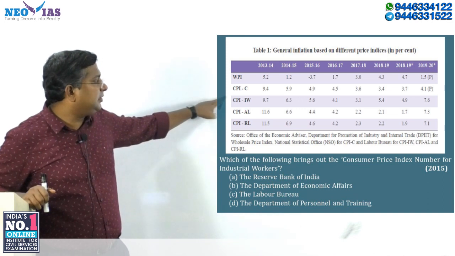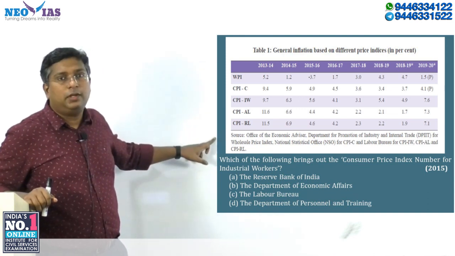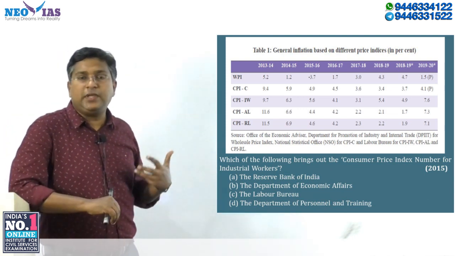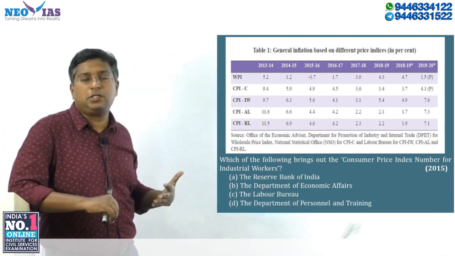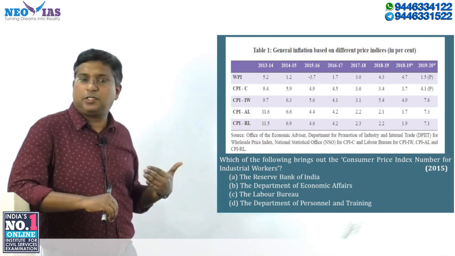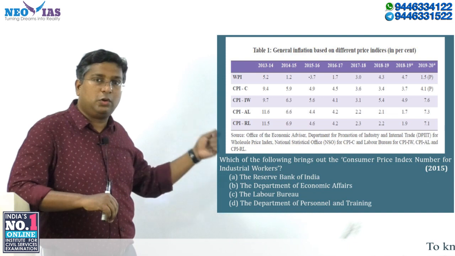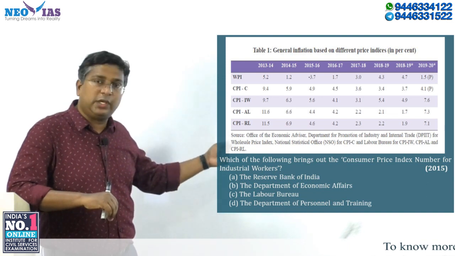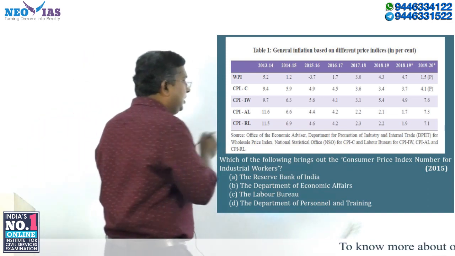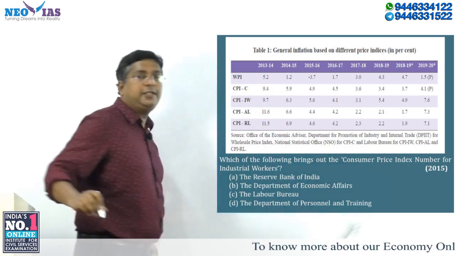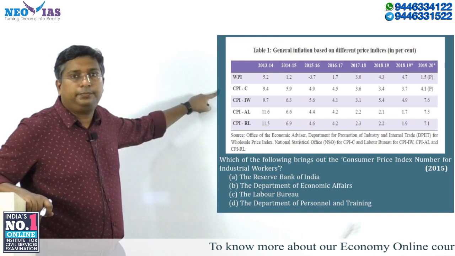Consumer price index is released by the National Statistics Office. Okay, so this is a new office created with the merger of CSO with NSSO. Please note down, this is seen in the latest economic survey. So the National Statistical Office releases consumer price index combined.